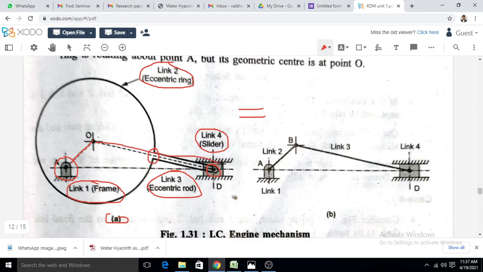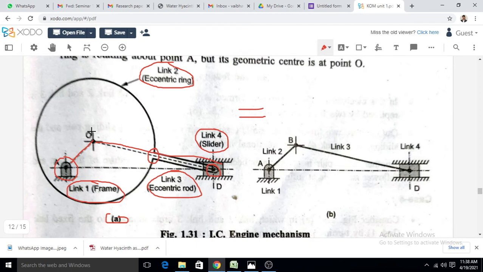Due to this we cannot understand or imagine that this whole mechanism is equivalent to the single slider crank mechanism. The geometric center of the eccentric ring is the center of the revolute pair.